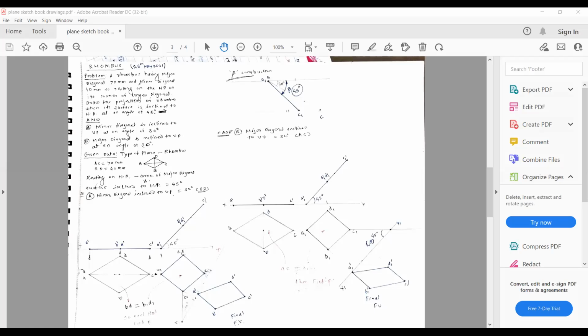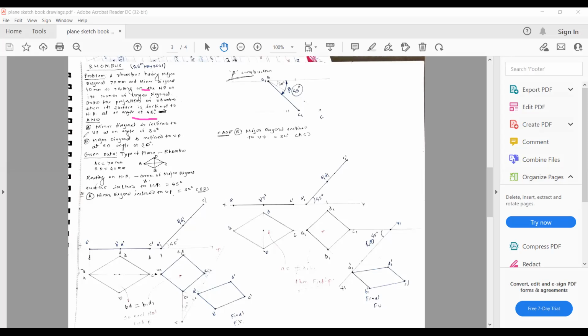First of all, we will read the problem statement. A rhombus having a major diagonal of 70 millimeter and a minor diagonal of 40 millimeter is resting on HP on its corner of the longer diagonal. Draw the projection of the rhombus when its surface is inclined to HP at an angle of 45 degree.